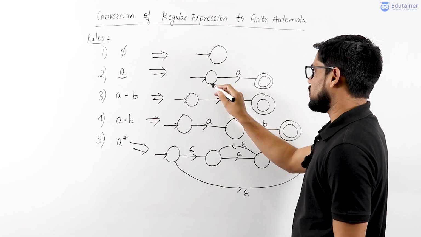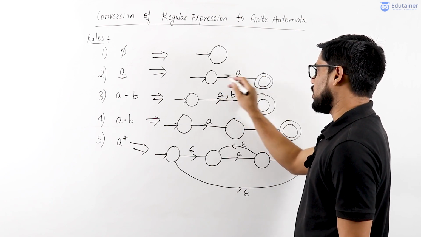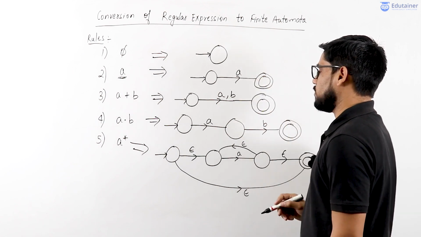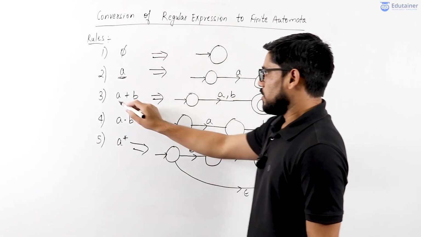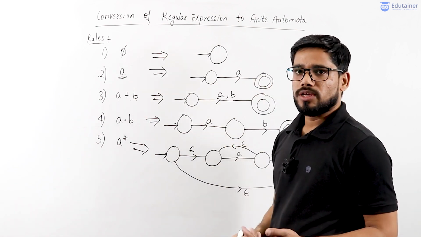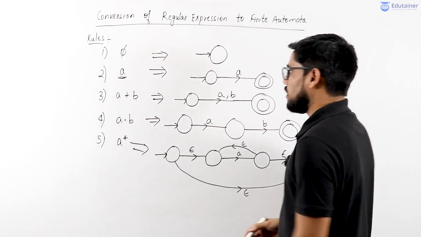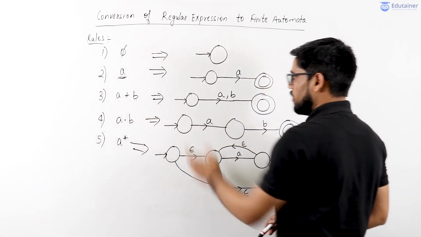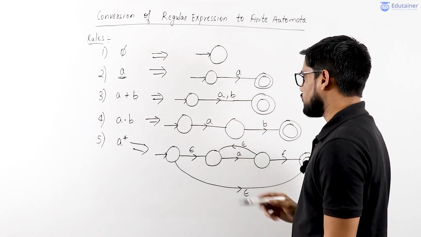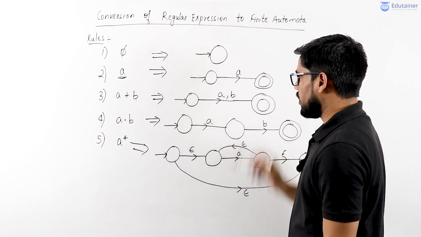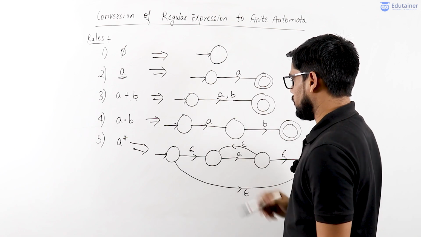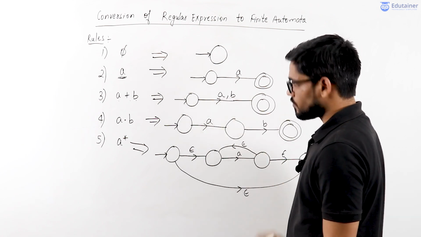One state is the initial state, and this initial state will make a transition to move to the final state by using the input alphabet A. Now the third one is A union B. If you apply the union between two input alphabets, then you will convert this regular expression by using two different states. One state is the initial state and the other one is the final state, and the transition will be either A or B. So here I will represent the transition A comma B.